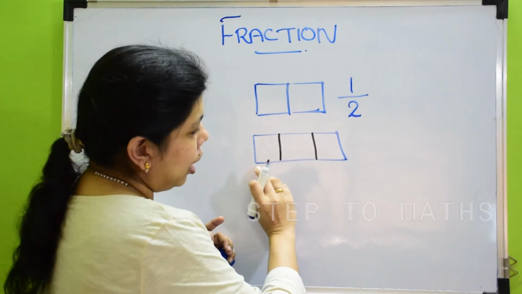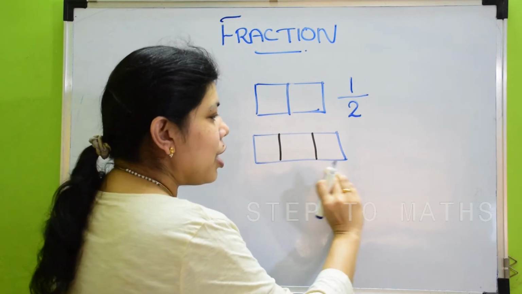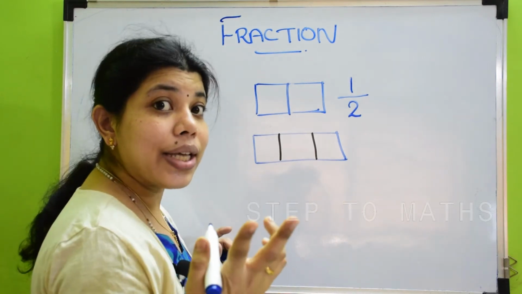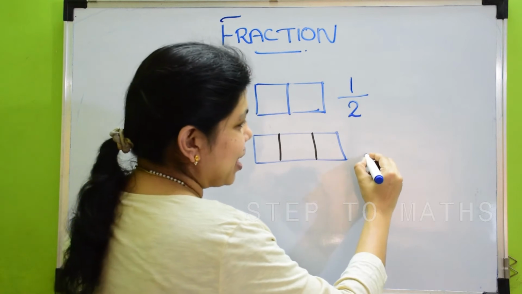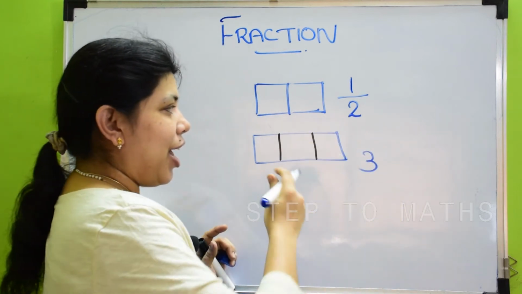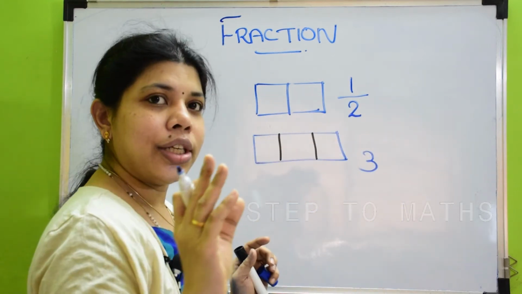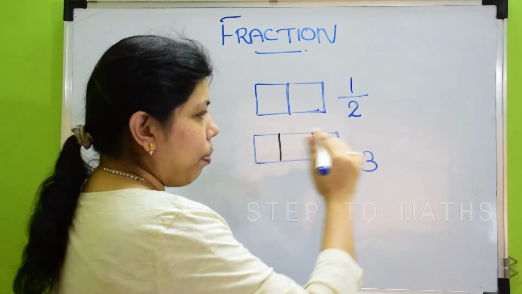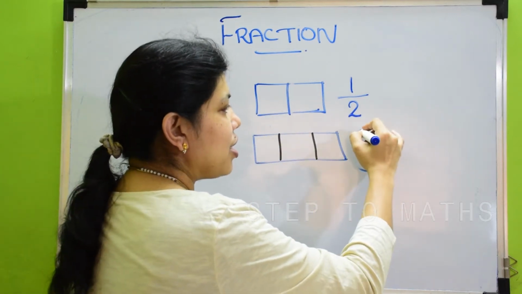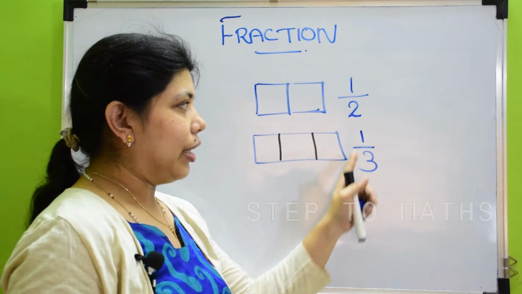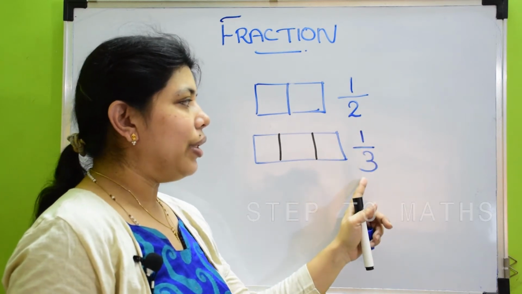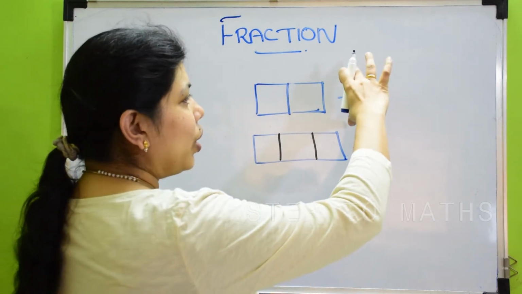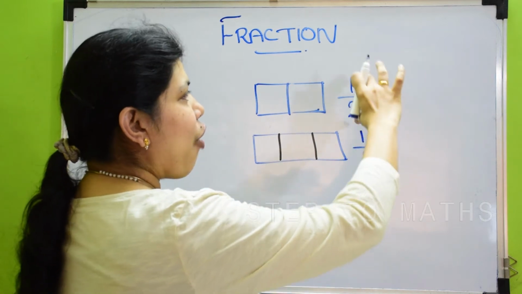Here, the one pastry is totally cut into how many pieces? Yes, three pieces. And from that, suppose you take one piece, then we can write it as 1/3. So, this is a fraction.